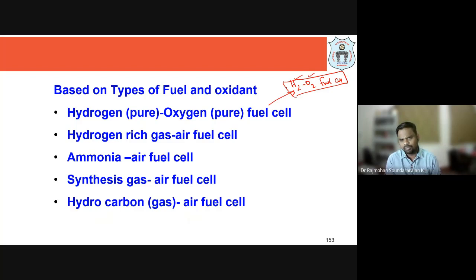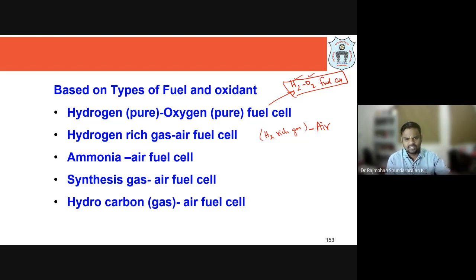So such a type of fuel cell can be categorized under hydrogen oxygen fuel cells. Okay. And there is another type. Instead of hydrogen, we are going to use hydrogen rich gas, or hydrogen containing gas, as I told you, coal gas, natural gas, all those. If a higher percentage of hydrogen is available in it, we are going to use hydrogen rich gas, and instead of oxygen we can be using air.